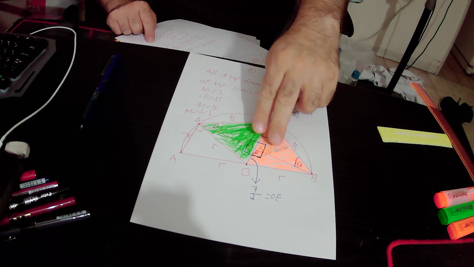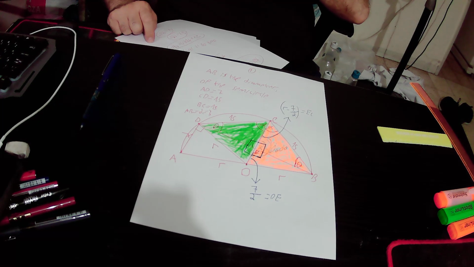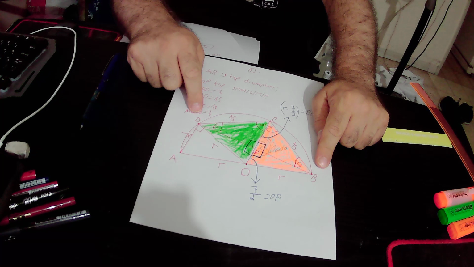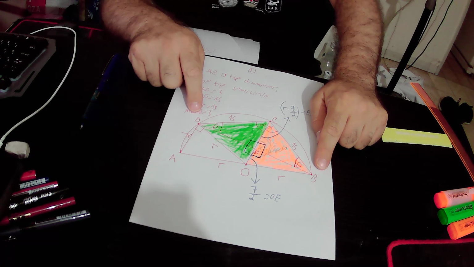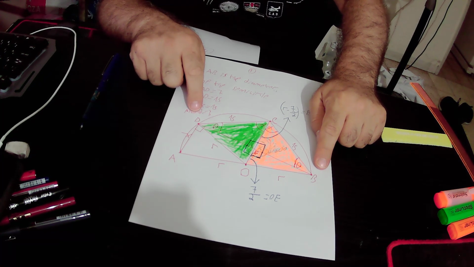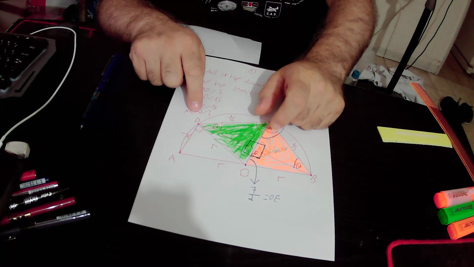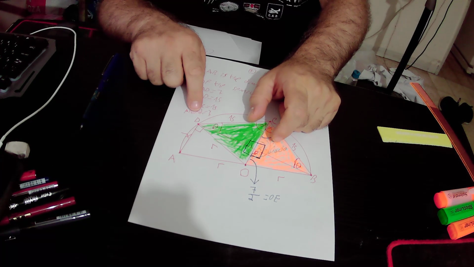Those two angles are equal to x, and then we know that DB is a straight line because we connected points D and B by a straight line. So DB is a straight line, and we know that along a straight line at one side, at a certain point, the sum of the angles is equal to 180 degrees.